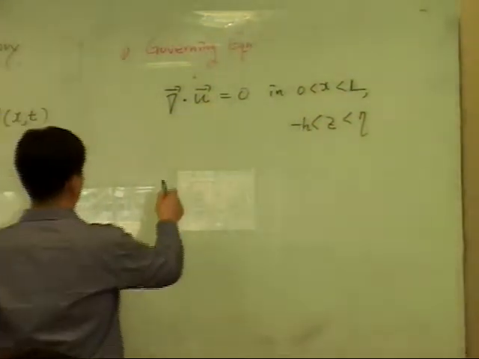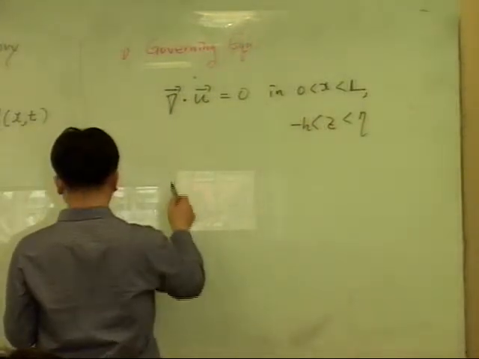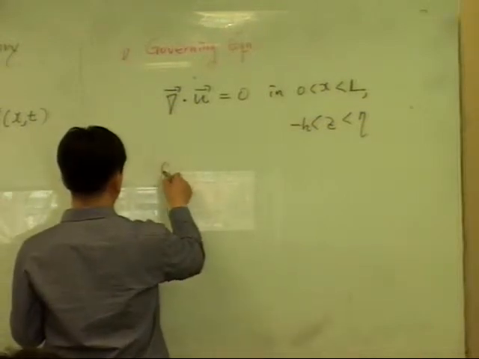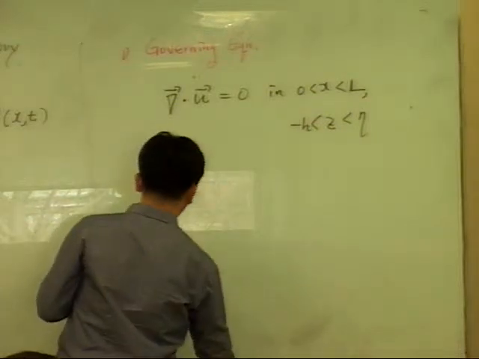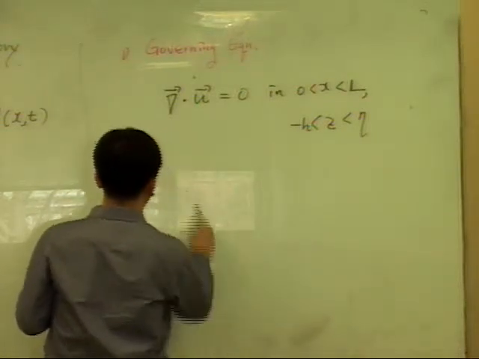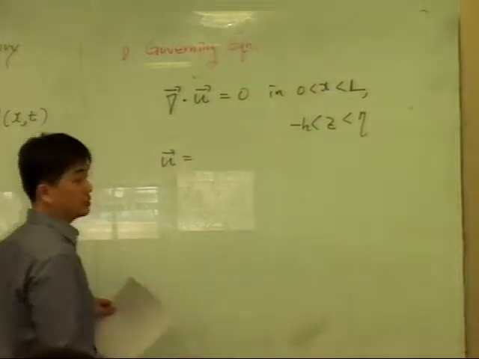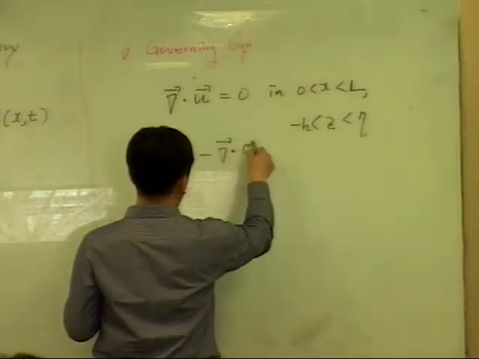Okay, so when the velocity potential exists, the velocity vector is going to be like this.